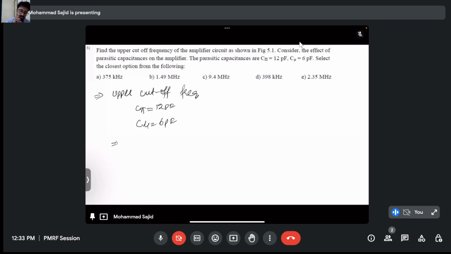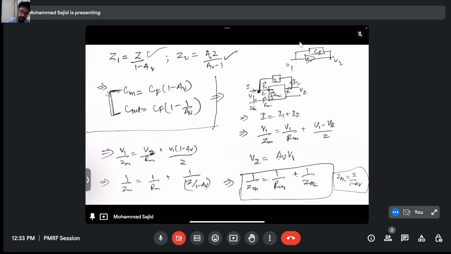What we'll do first is find the total input capacitance. That we already did, the correct answer was 1403 picofarad.